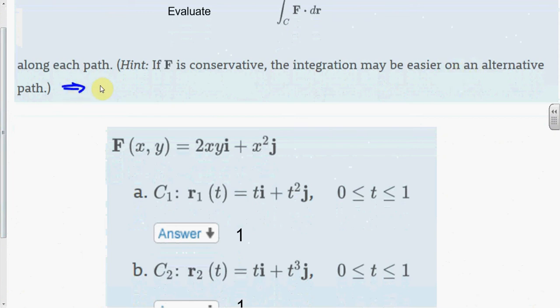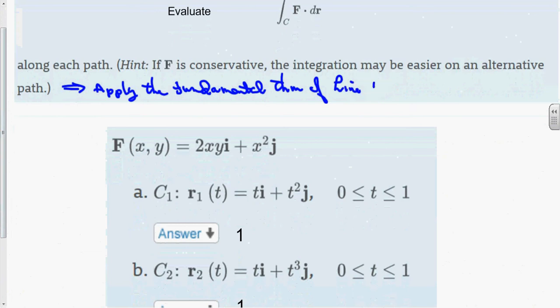So here, that is, find the potential function.